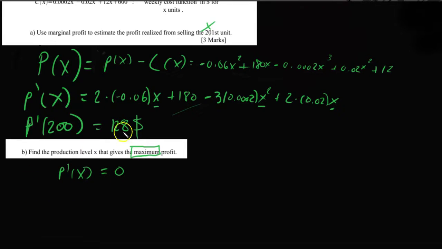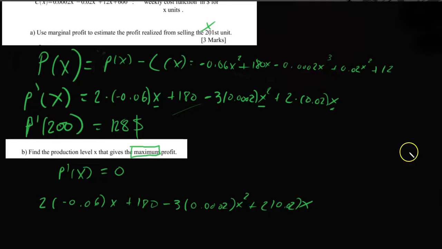So we have our formula here. If we set 2 times negative 0.06x plus 180 minus 3 times 0.0002x squared plus 2 times 0.02x to 0, you can solve this using the quadratic equation, just simplify it further, and you'll have it in the form ax squared plus bx plus c.